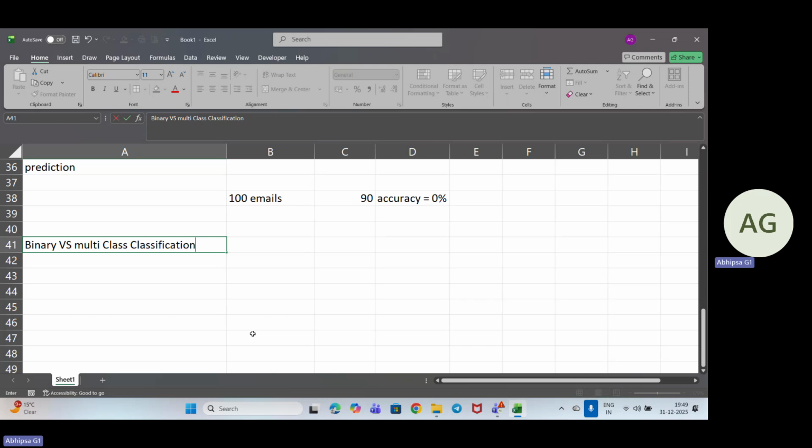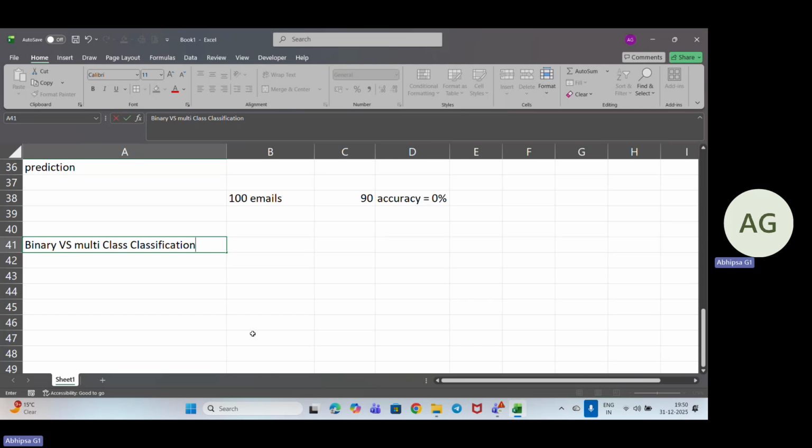Okay, coming to multi-class classification. Multi-class classification is when we have more than two choices. Okay, so multi means many. So it is many-class classification, that is, more than two groups. Suppose we have gone to an ice cream shop, and we have ice cream flavors like chocolate, strawberry, vanilla, then mango, all of it.